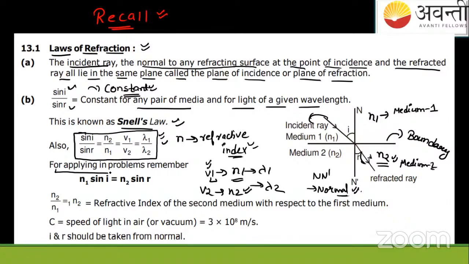We know this from the previous class. For applying in problems, we'll use this method properly.